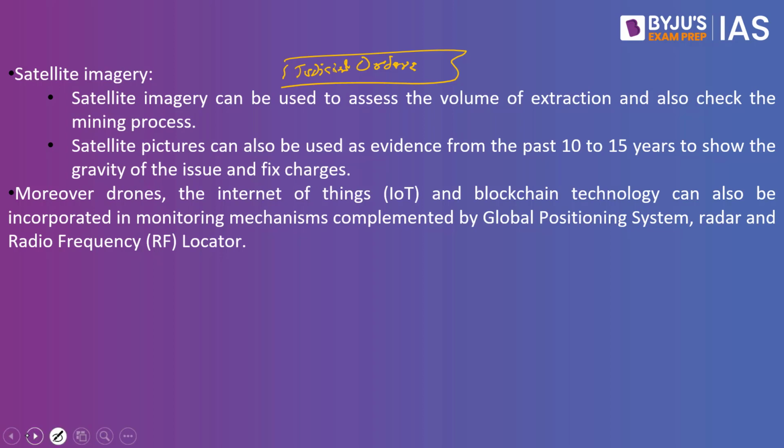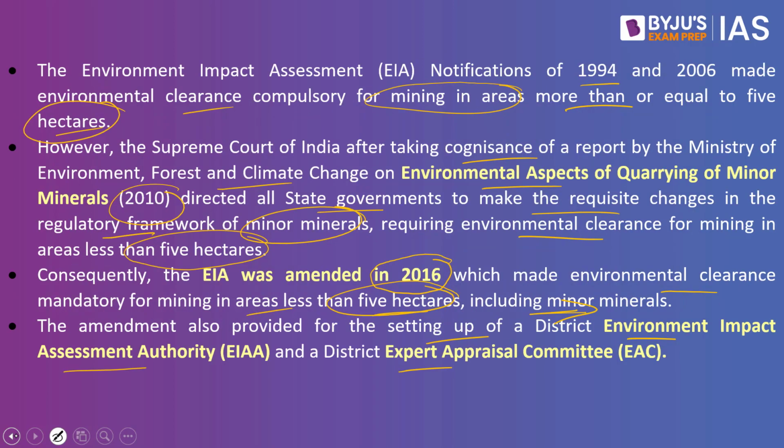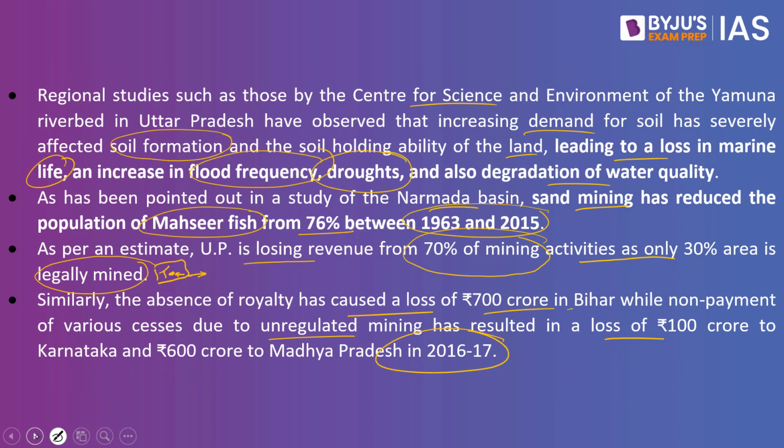Let's say for example, we did also speak about the environmental impact assessment. From the environmental impact assessment, we did discuss that what we require is the environment impact assessment authority and the expert appraisal committee. These committees are accepting these proposals so fast that they are not even looking through the papers, and the environmental impact assessment has been periodically violated.